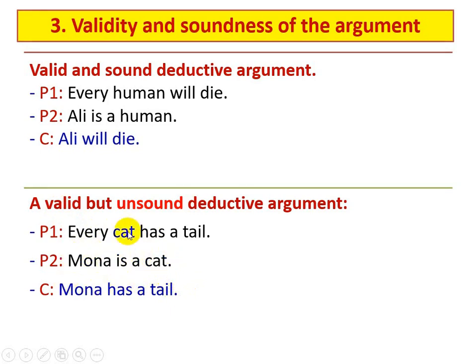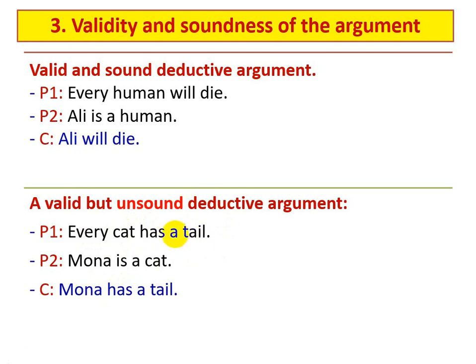I mean, the truth of the premises will guarantee the truth of the conclusion. But let's examine these premises again. Every cat has a tail. Yes, this is true. Mona is a cat. This is false. Why? Because Mona here is a human being.